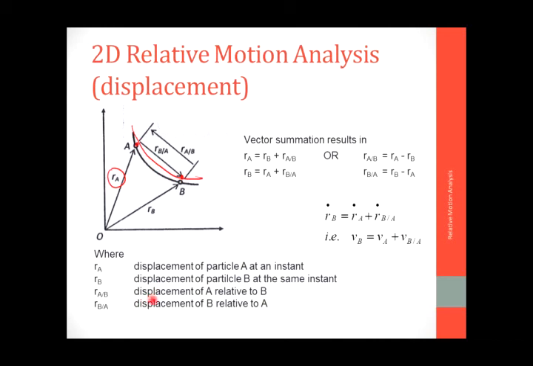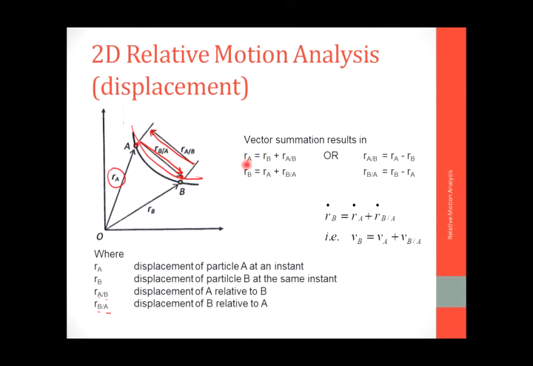The displacement of A relative to B, that means toward A from B, is here, and RBA is toward B from A, here.